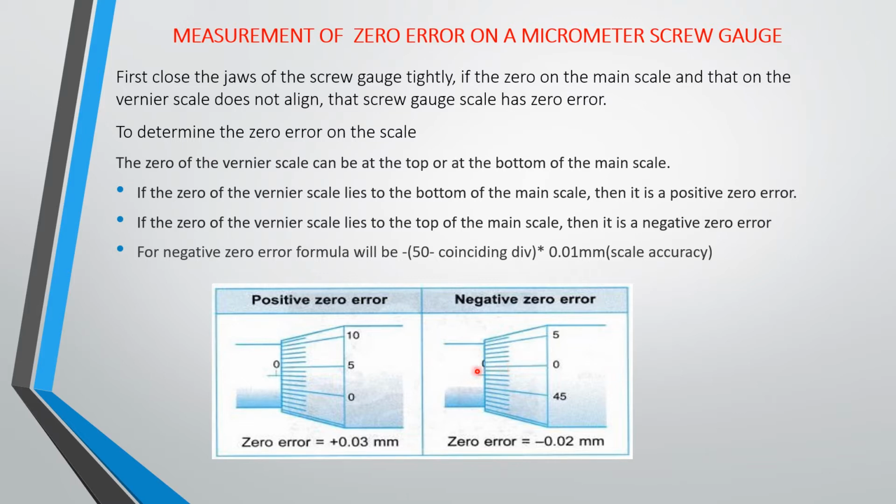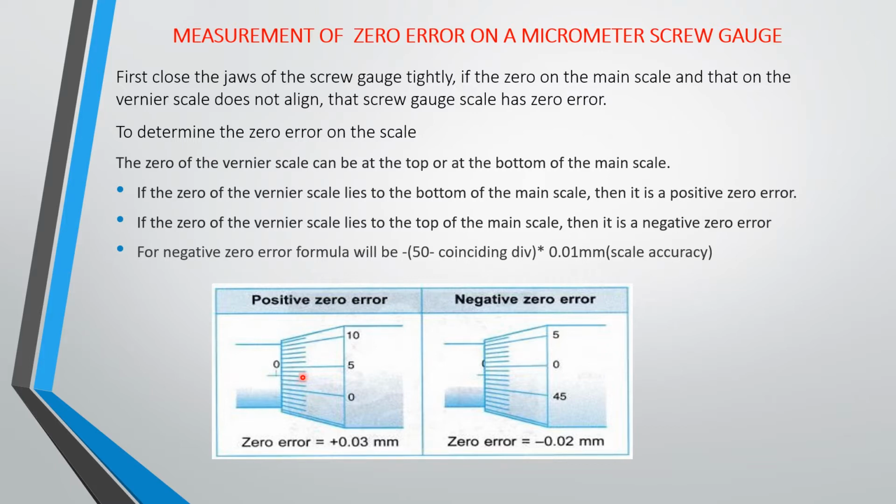Now, when you have a positive zero error, how do you read it? You read it normally. You start from the zero, and for this particular case, you count 1, 2, 3 to the line that coincides with the line on the main scale.